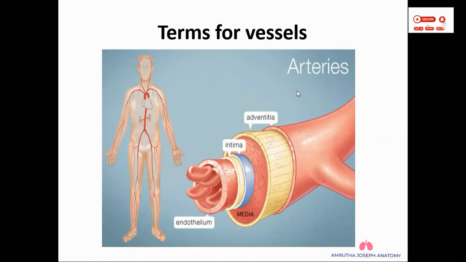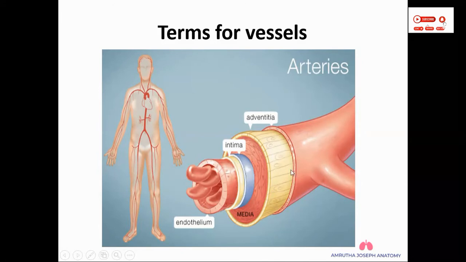Now coming to some other terms which are used in anatomy, basically regarding a vessel. So what is a vessel? A vessel is a tube, right? It can be of different types. Whatever vessels you have, they have three layers. From inner to outer, you have tunica intima, tunica media, and tunica adventitia.